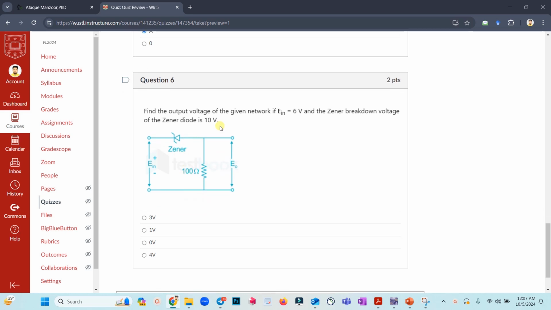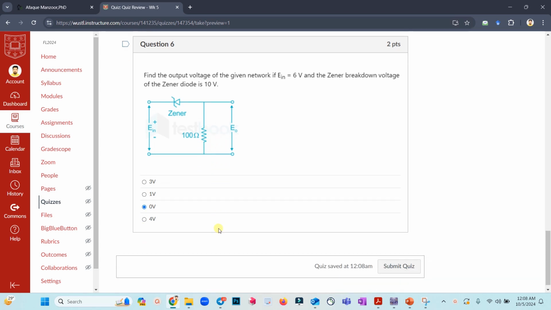In that scenario, the entire voltage of 6 volts would be dropped across the Zener diode, and the resistor will not get any voltage until the battery gets higher than 10 volts. So this resistor will not get any voltage. If you connect a voltmeter across this resistor, you will get 0 volts. So that's what the answer is.